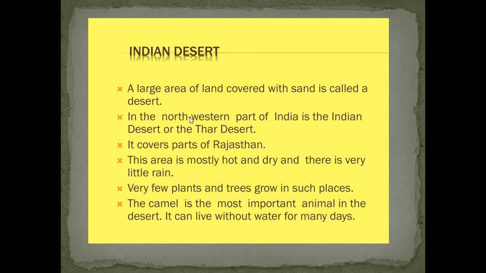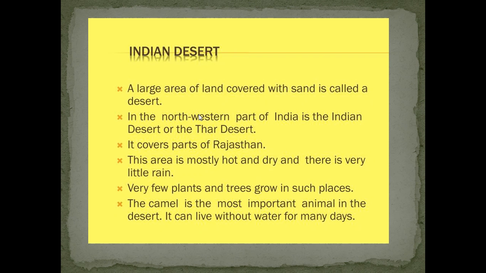The desert lies mainly in the state of Rajasthan. Desert कहाँ है? राजस्थान में है. Okay, we have desert in Rajasthan, and this Thar Desert is also known as the Great Indian Desert. Understood?